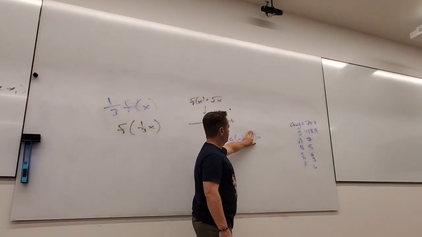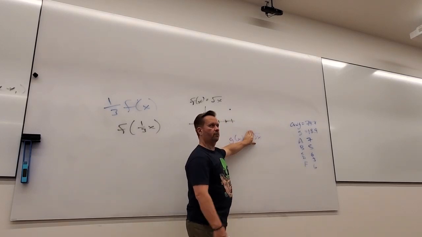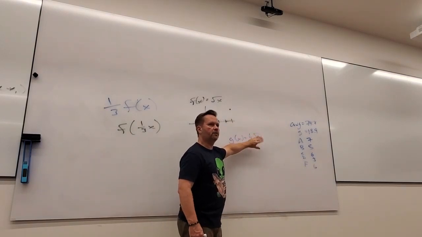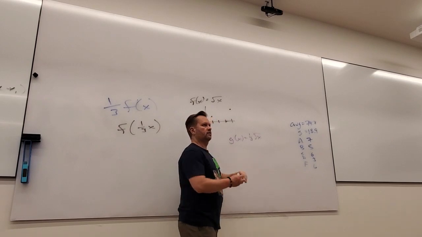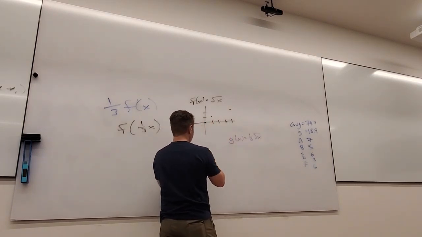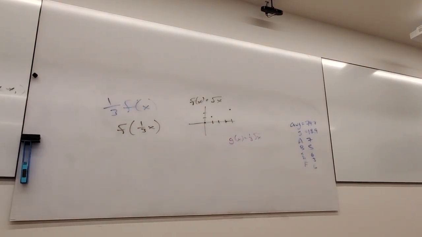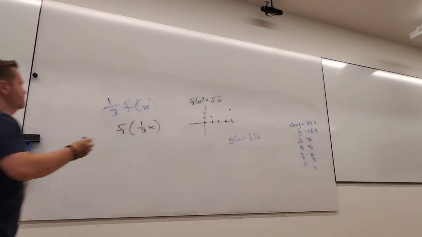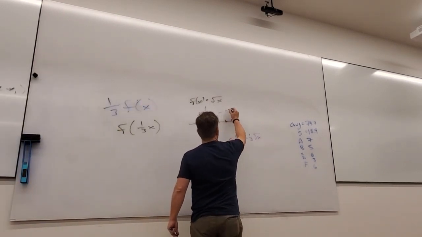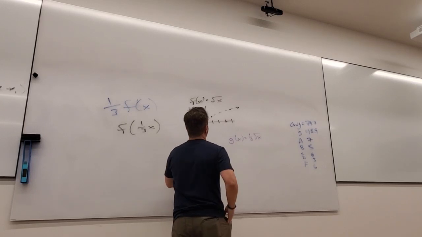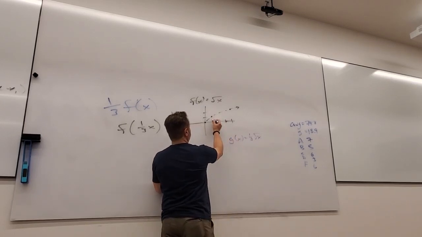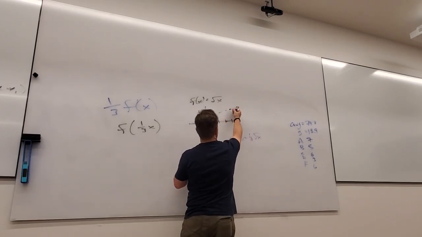Those are the outputs of the original function, right? And what do I want to do with every one of those outputs? I want to divide by 3. So this used to go to 1, so now it goes to 1/3. This used to go to 2, now it goes to 2/3.